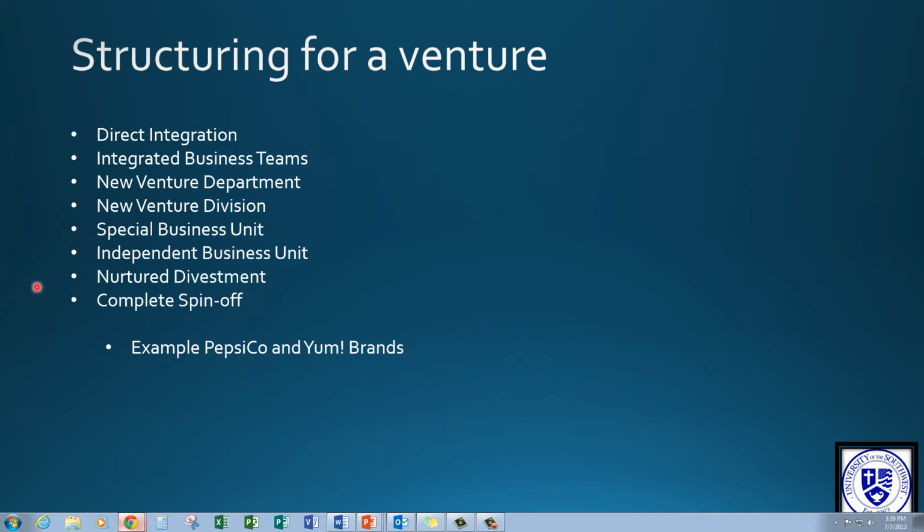So what PepsiCo did is they put those brands, what used to be PepsiCo's fast food division, instead of their beverage division, which was Pepsi, and their foods division, which is Quaker and Frito-Lay, they had a fast food division, which was KFC, Pizza Hut, and Taco Bell.